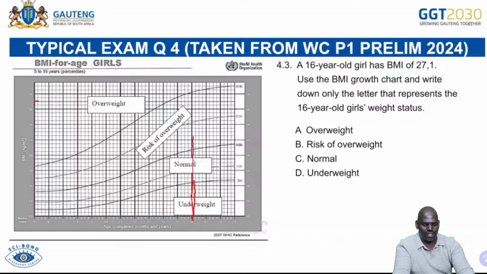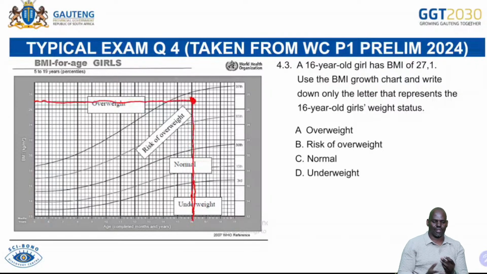And in this case, it's going to be at the intersection of 27, which is BMI, where it intersects with the age of 16. Write down only the letter that represents the 16-year-old's weight status.